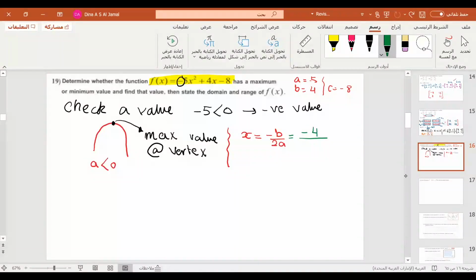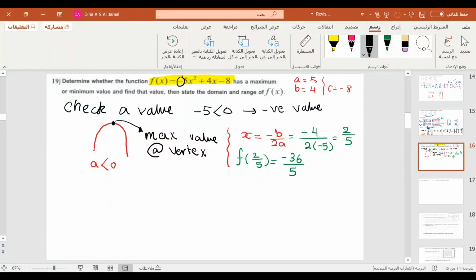Minus 4, 2 multiplied by minus 5. That means your x is 2 over 5. And substituting 2 over 5, you will have minus 36 over 5.